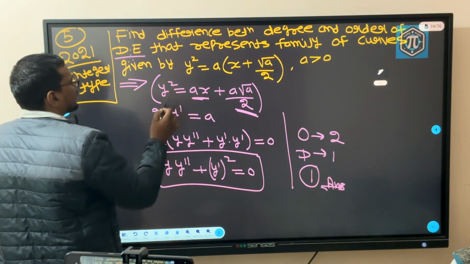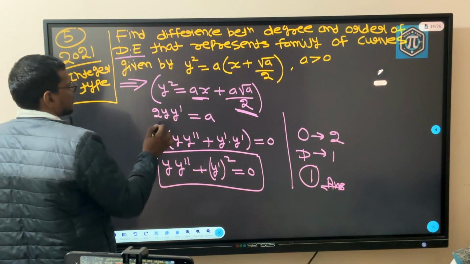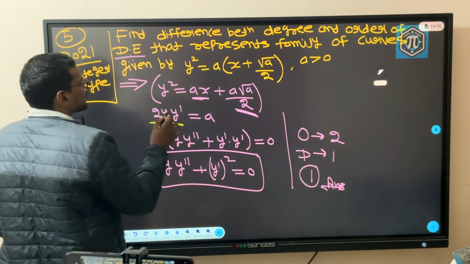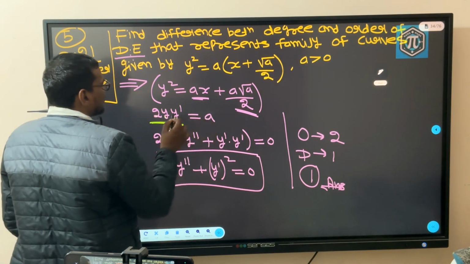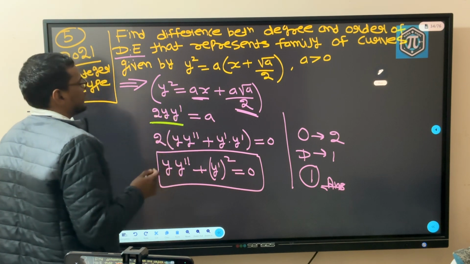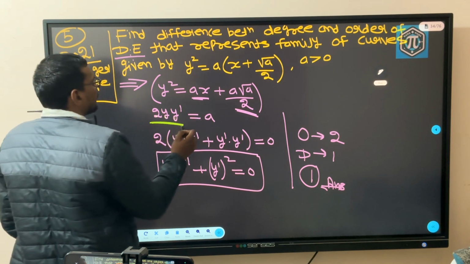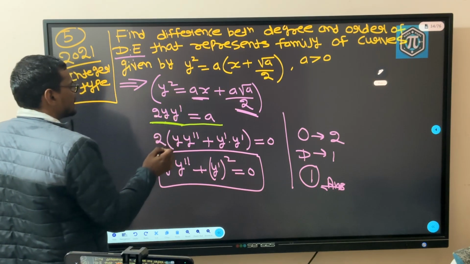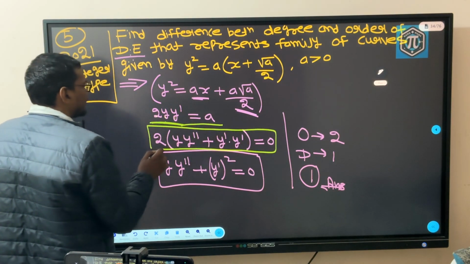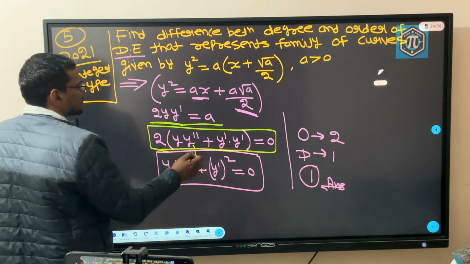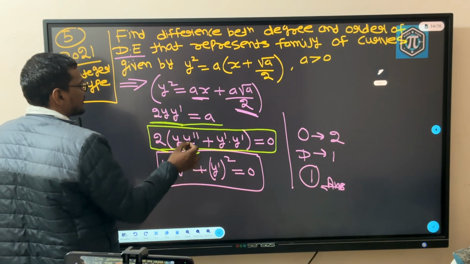The coefficient of y square gives 2y y dash, and here it is a only. So we got the value of a. That is one time differentiated. Now differentiate one more time. When you differentiate one more time, you are going to get this, and this is the answer. So what is the order?